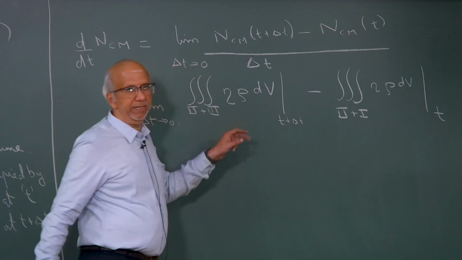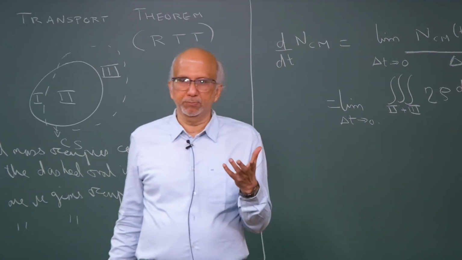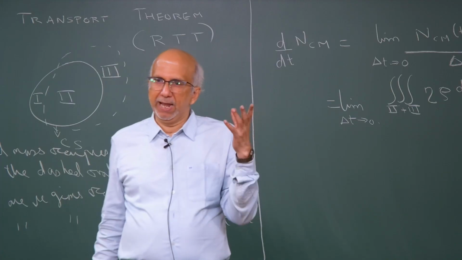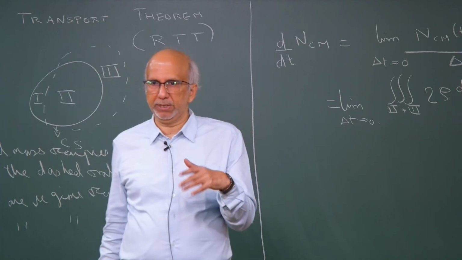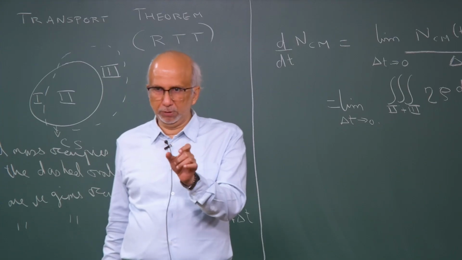So, what is eta? Eta is a specific property, N is the extensive property. So, eta is N per unit mass. Okay, rho dV is my mass, rho is my density, dV is my volume element.